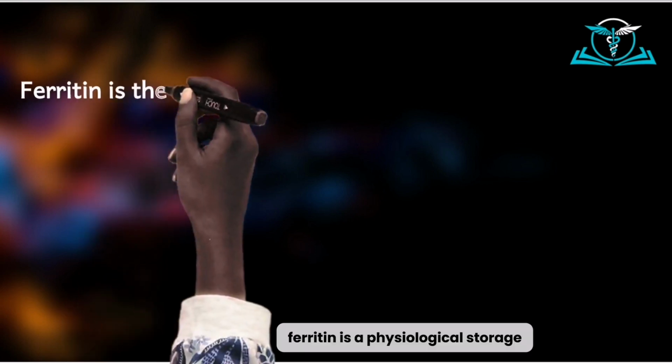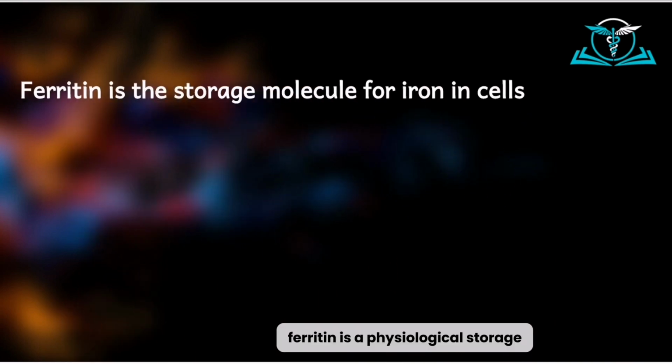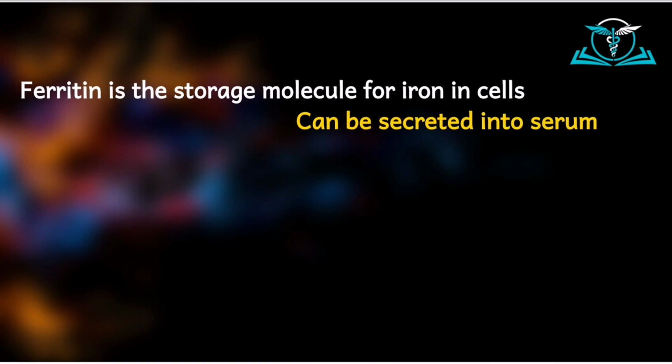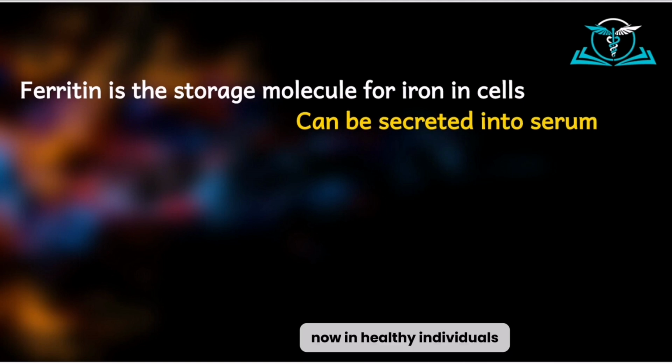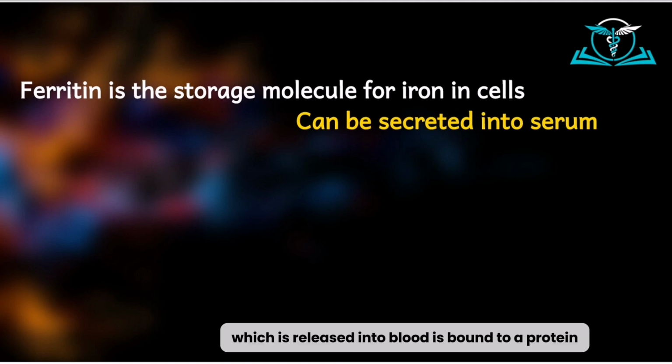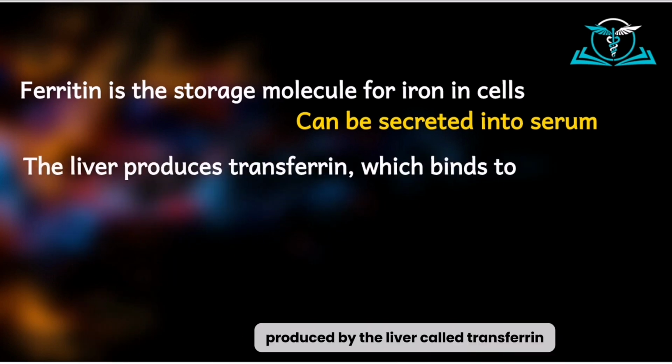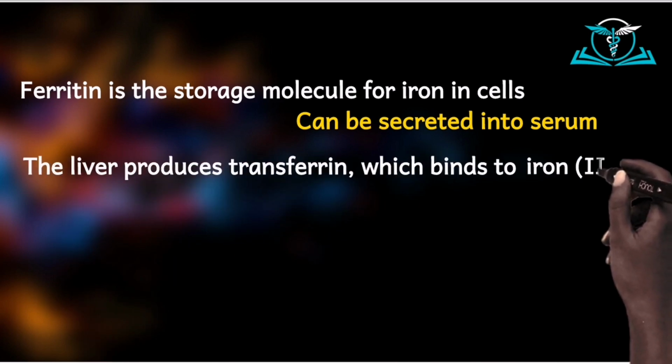And so, like I hinted on earlier, ferritin is the physiological storage molecule for iron in cells, and it can be secreted into serum. Now, in healthy individuals, nearly all iron which is released into blood is bound to a protein produced by the liver called transferrin.